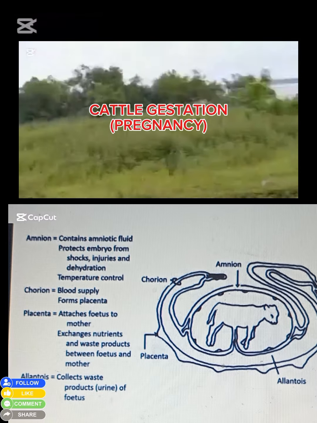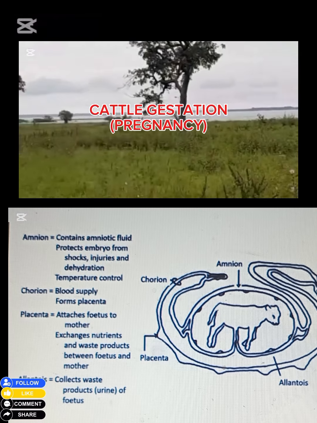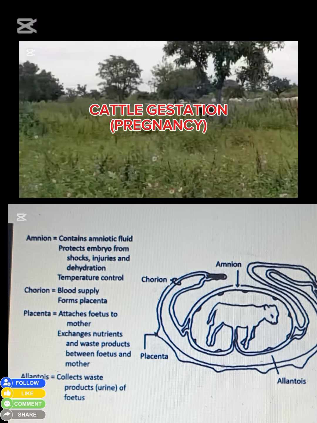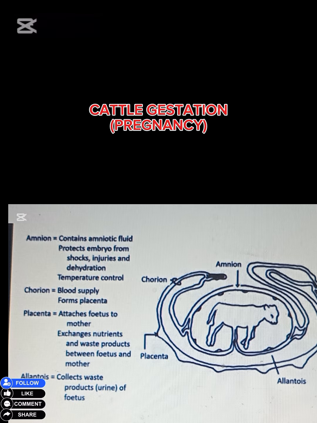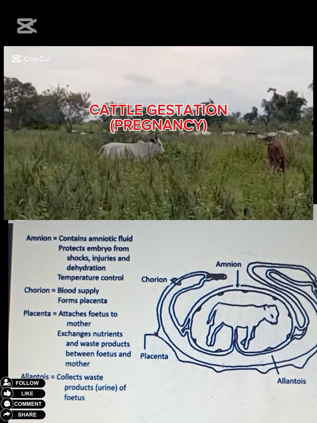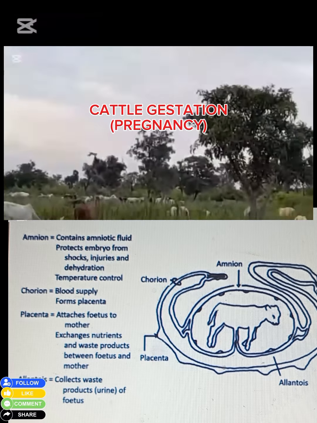Structure of the placenta. The placenta is a flattened circular organ in the uterus of a pregnant mammal, nourishing and maintaining the fetus through the umbilical cords. Its main function is to attach the fetus to the mother.